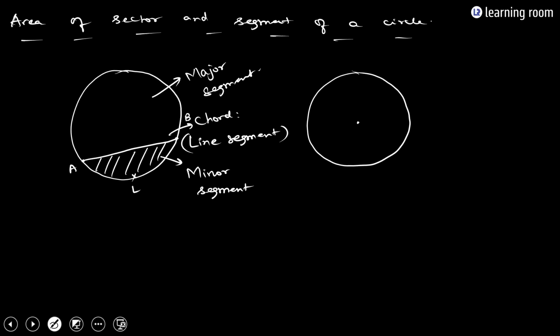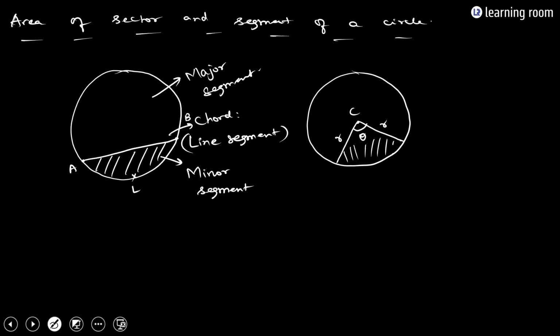Similarly, from the center, if I take this to be the center, let us say I am drawing two radii. Obviously, both are going to be of the same value r, such that both these radii subtend an angle theta here. Right? Then you get a portion here.